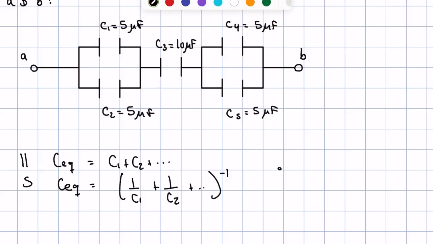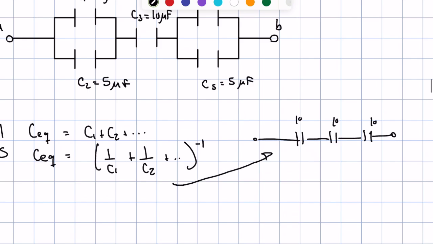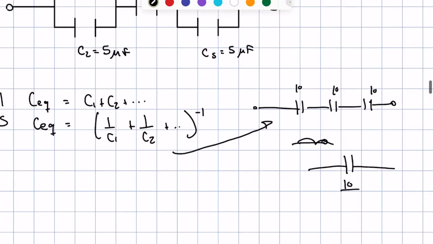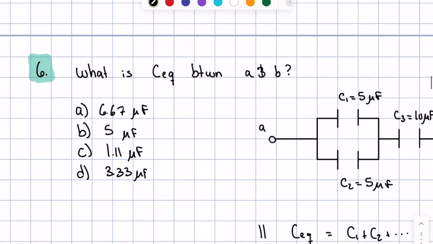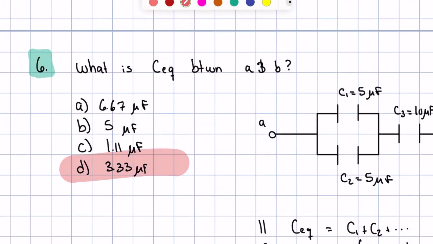So then we get 10 microfarads, 10 microfarads, and 10 microfarads. Then we can just add them up because they're in series, and we get a final equivalent capacitance of 10 over 3 microfarads, or about 3.33 microfarads. And if we go here, that is D.